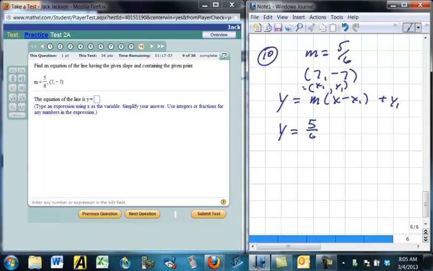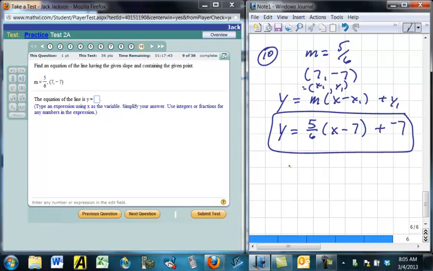So 5/6 times x minus 7, plus negative 7, or just say minus 7 at the end. We should be able to enter it like this. I don't know what the software is going to do, but it might like it better if we put it in slope y-intercept form. So we're going to distribute here: 5/6x minus 35/6 minus 7.